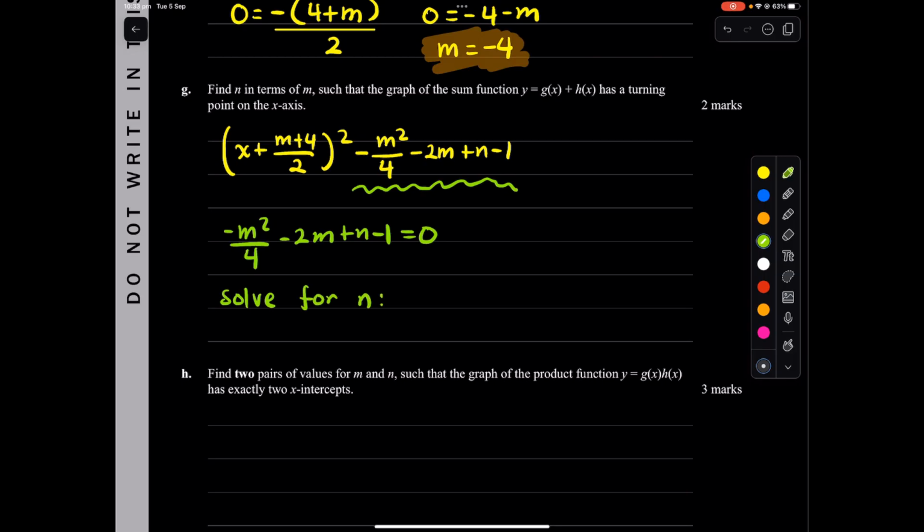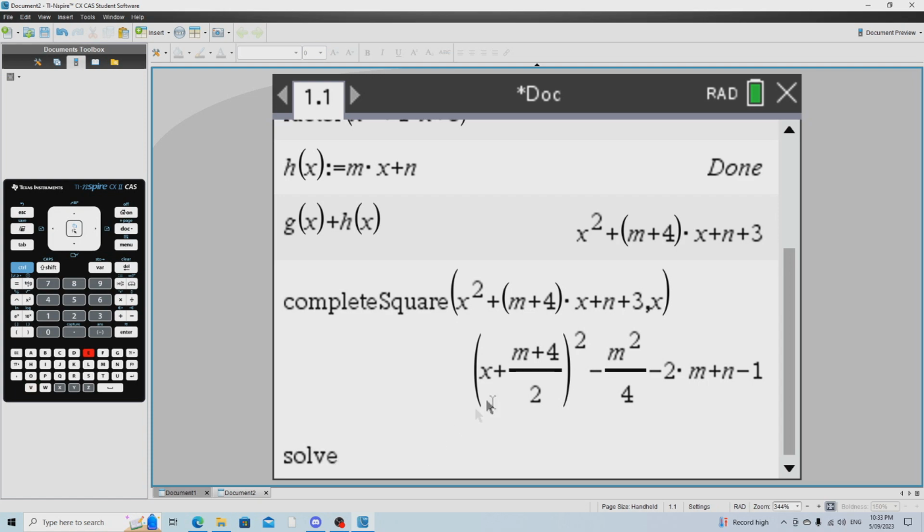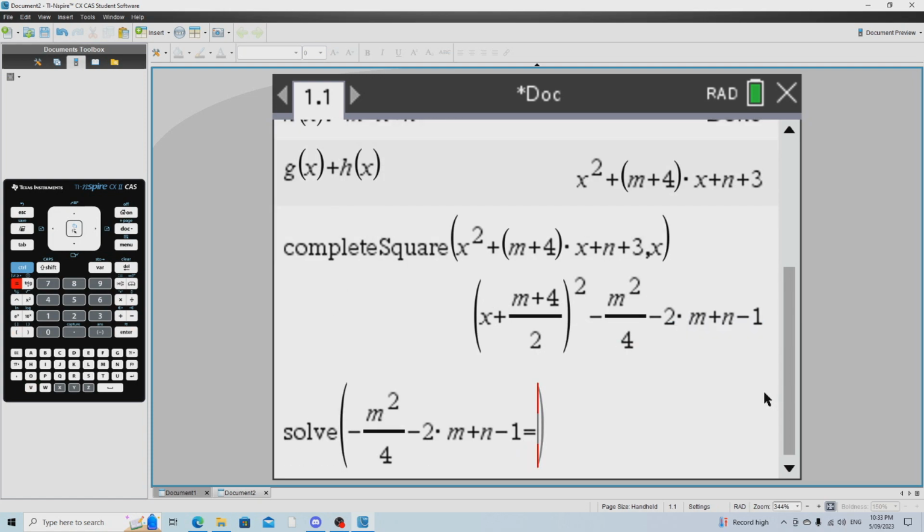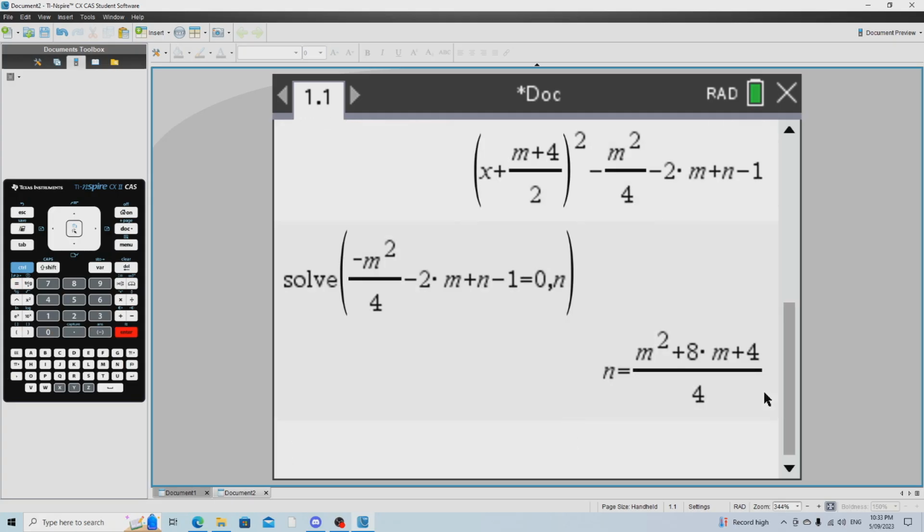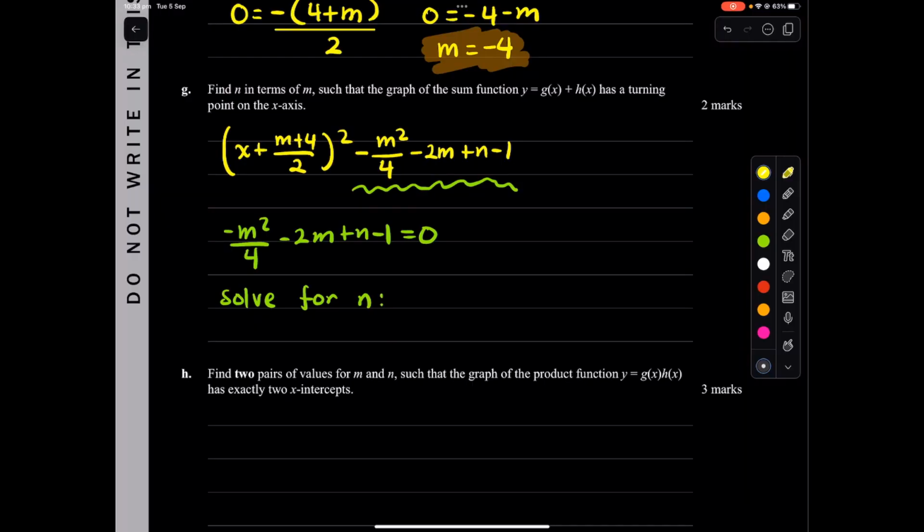Doing it on our calculator, if I solve this whole part equals 0 for the value of n, we get this. So that's your answer: n is equal to (m squared plus 8m plus 4) all over 4. Is that right? The question was to find n in terms of m such that the graph of the function has a turning point on the x-axis. So yeah, it should be right.